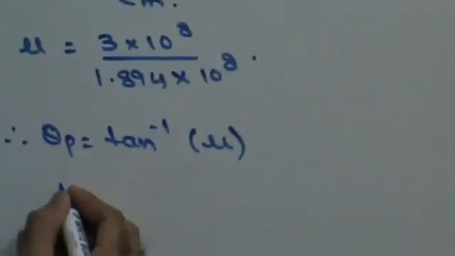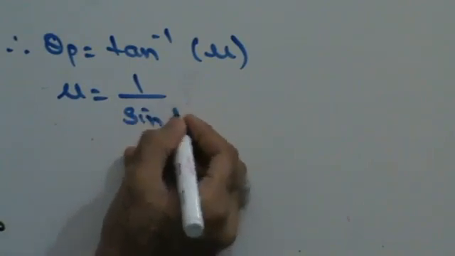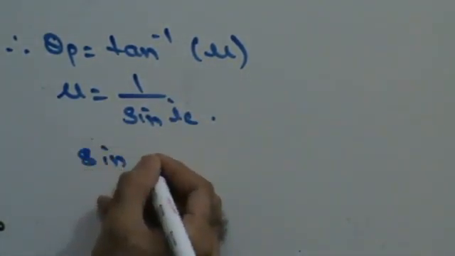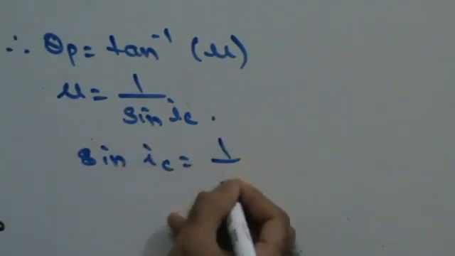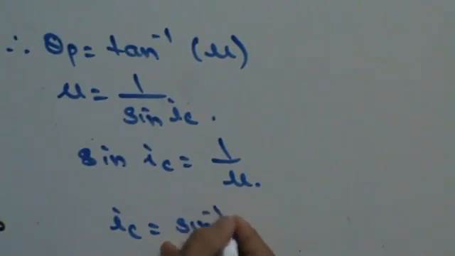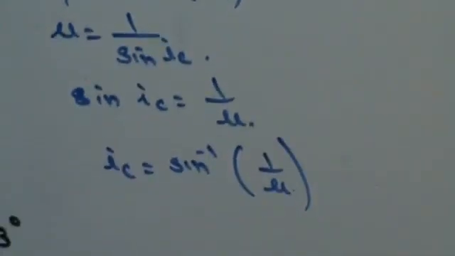I can also say that critical angle, I can say refractive index is 1 upon sine of critical angle. So I can say sine of critical angle is 1 upon refractive index. So critical angle is sine inverse of 1 upon refractive index. So you should be able to get both these values.